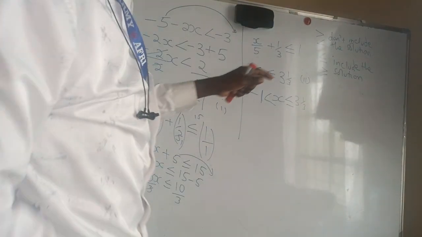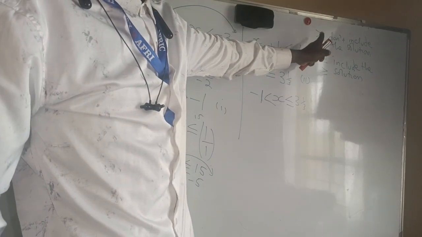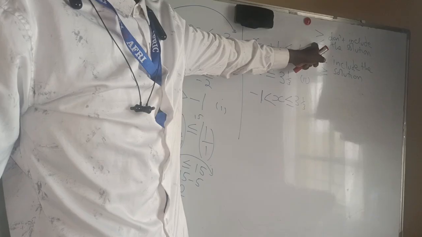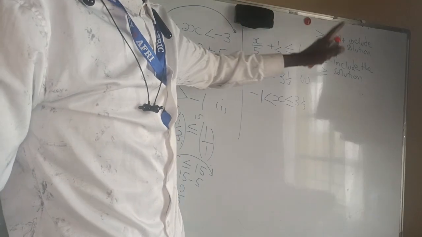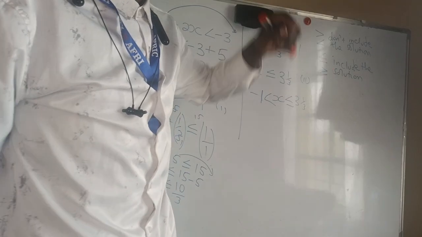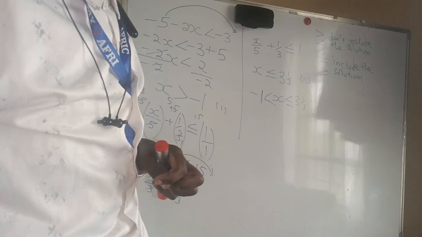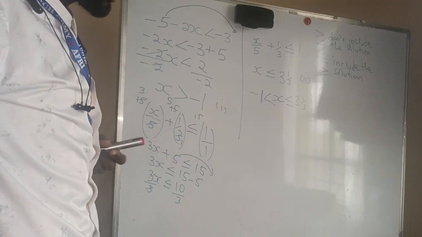So if the inequality that accompanies that solution is greater than or less than, please don't capture that answer or solution in your integral values. Then if it has less than or equal to or greater than or equal to, please include that solution in the integral values you're going to write down.